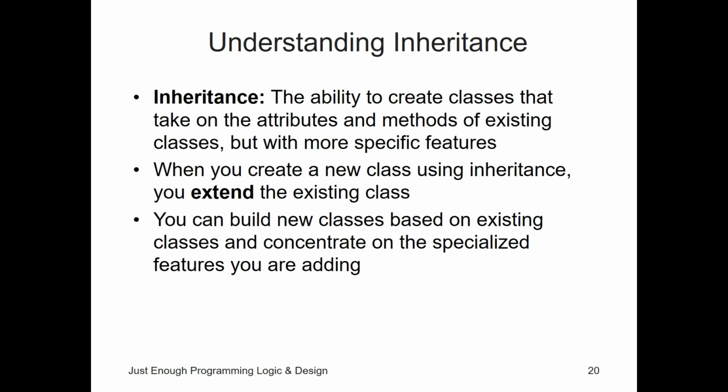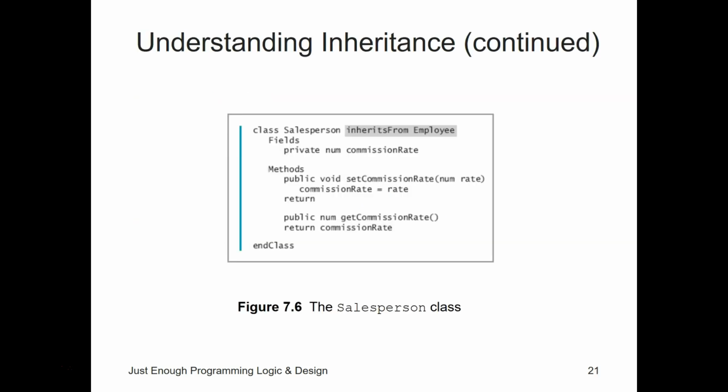Well, this is the same way we're going to do with a class: I can inherit items from another group. Here we're saying I'm going to take the class salesperson and inherit all the items of employee. All the employees have similar characteristics, but salespeople might have some differences in how they get paid.